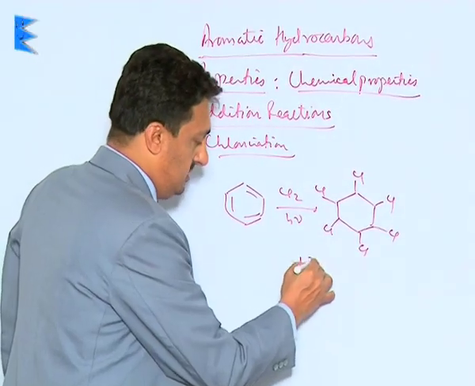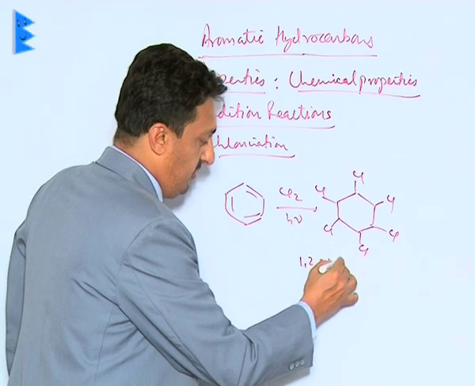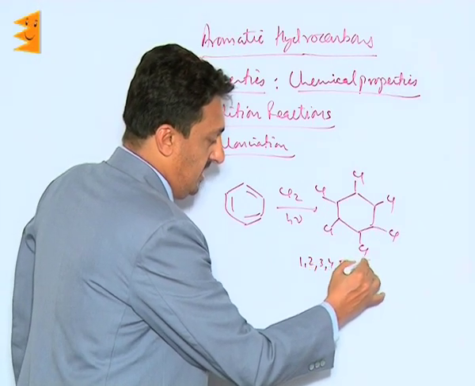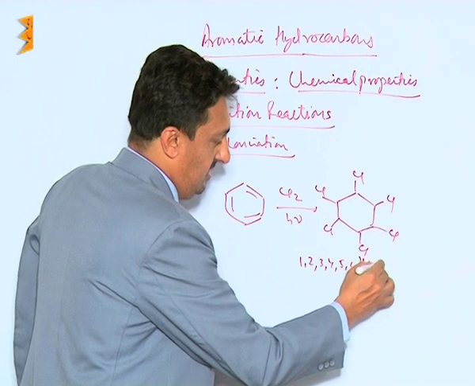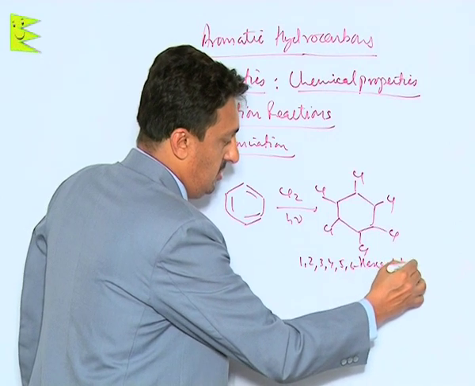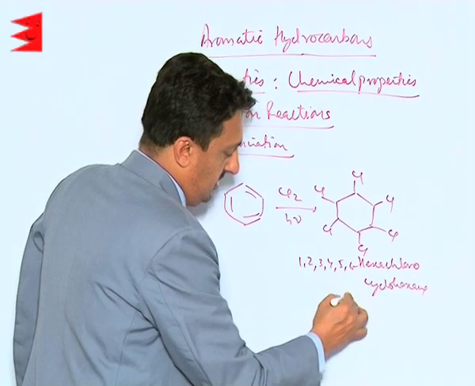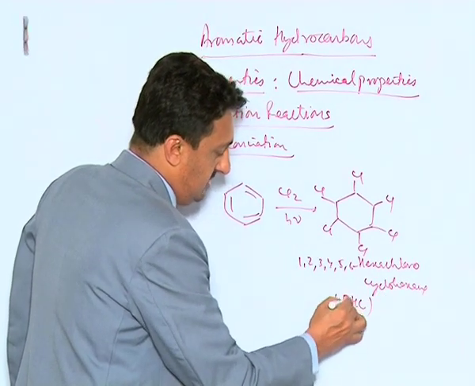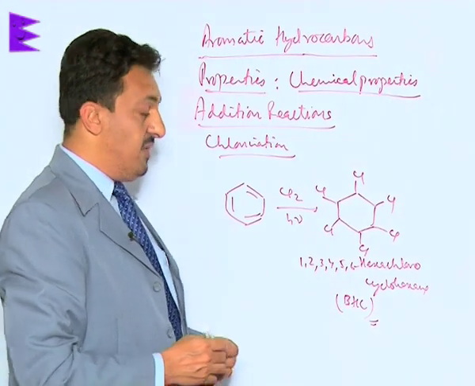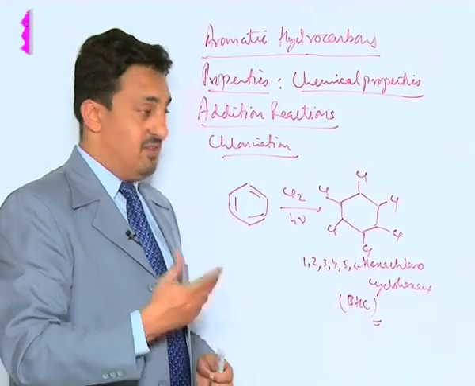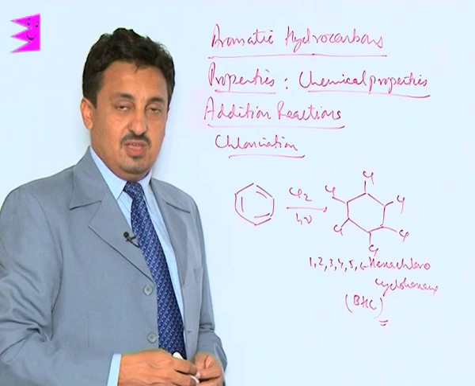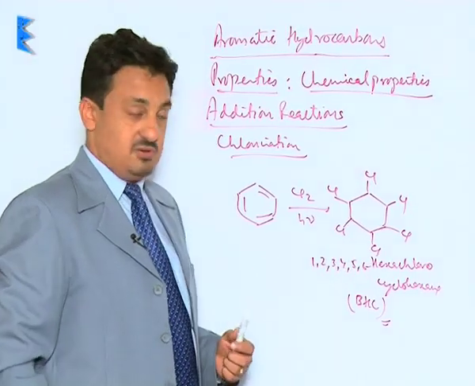We call it 1, 2, 3, 4, 5, 6 hexachlorocyclohexane. It is also called BHC, benzene hexachloride, a very important pesticide which is now universally banned because of its non-biodegradable nature. So these are its addition reactions.